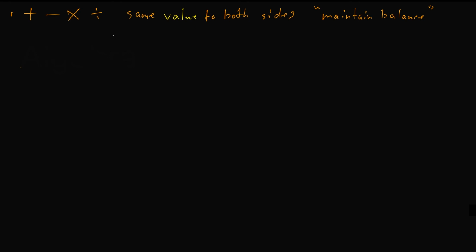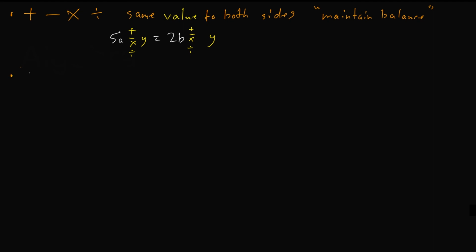So for example, if we have an equation that says 5a is equal to 2b, then what we could do is add y to both sides, and this would still be correct. Or we could subtract y from both sides, or multiply both sides by y, or divide both sides by y. And this general form would still maintain its balance. It would still be correct and true. So that's the first way we looked at to help simplify and manipulate equations.